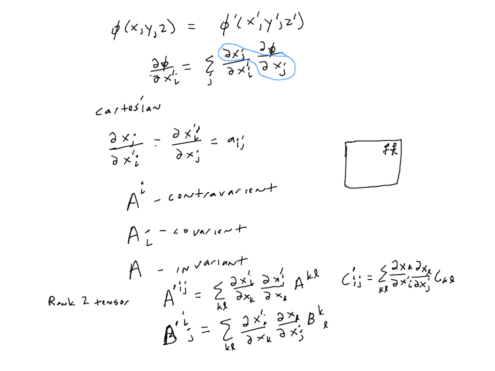But with tensors, I could have as many ranks as I want. I could have a 32 rank tensor if I wanted to, or a 154,000 rank tensor. And it still works as a consistent mathematical object. The only thing is that to transform it, I need to have one of these per index.